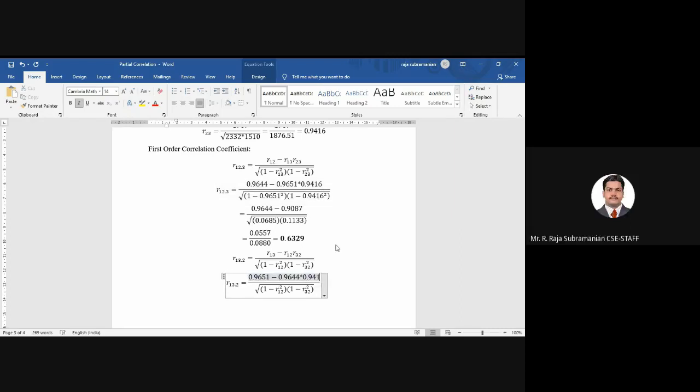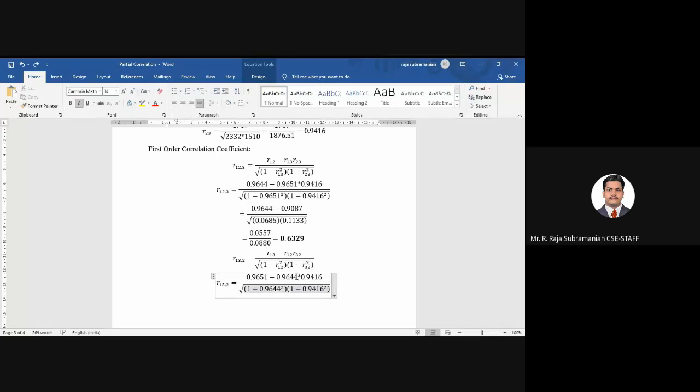Why? Because R23 and R32 are both the same; they are actually symmetric. So 0.9416, same I substituted here. R12 is 0.9644 whole square, and this is R32 square, 0.9416 square.